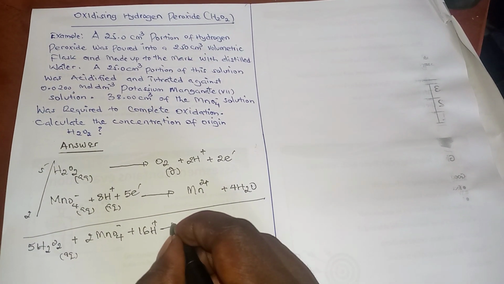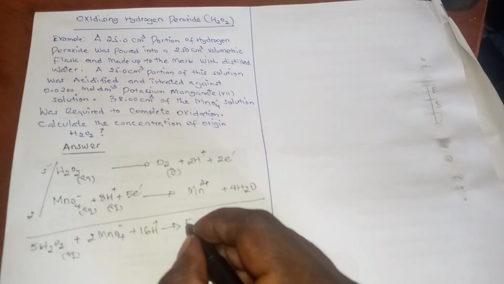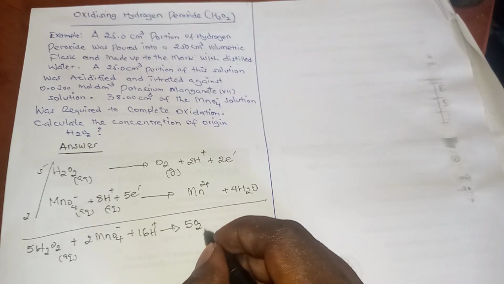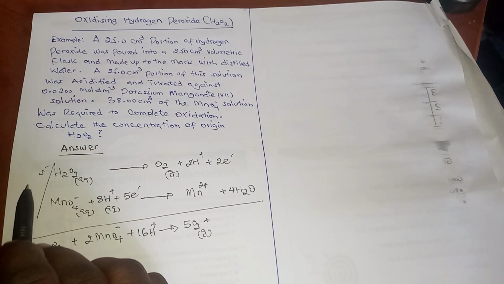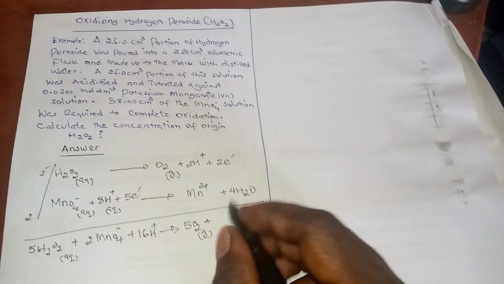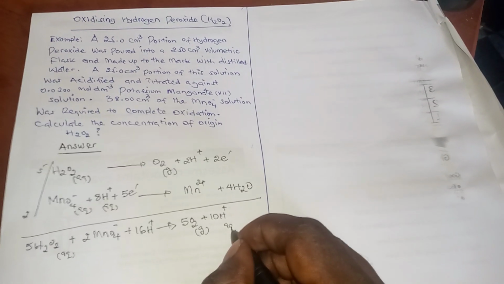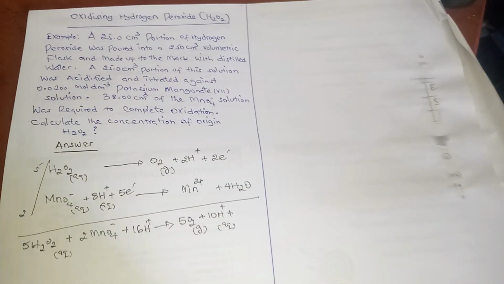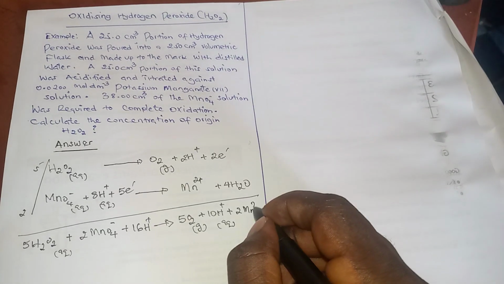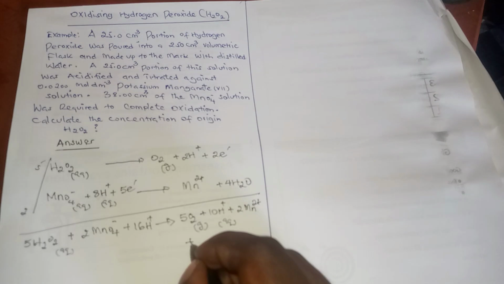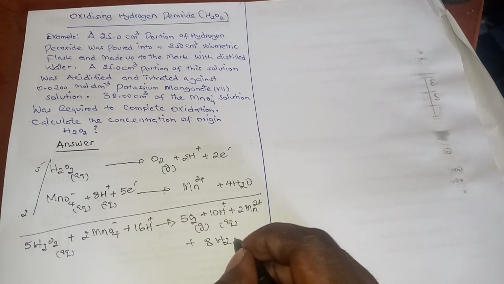And this gives here 5 multiply at oxygen, it becomes 5 oxygen, which is gas, plus again this 5 will multiply here to get 10 H plus, and this is aqueous, plus this 2 will multiply here to get 2 manganese 2 plus, again plus 2 will multiply here to get 8 water.